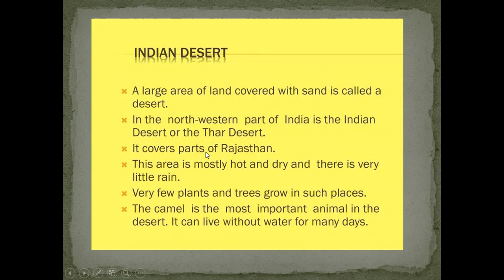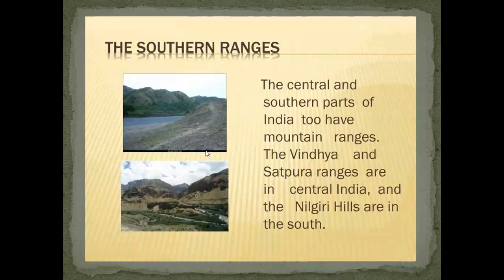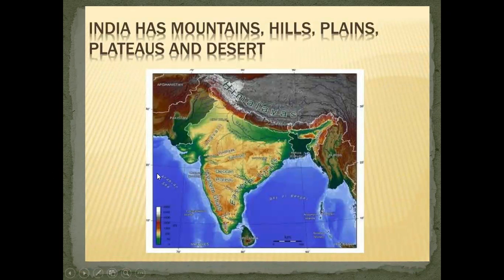No answer. And next is the Great Indian Desert. The Great Indian Desert lies in the northwestern part of India. Northwestern part means, see, this is the northwestern part. Can you see this? Mouse point.